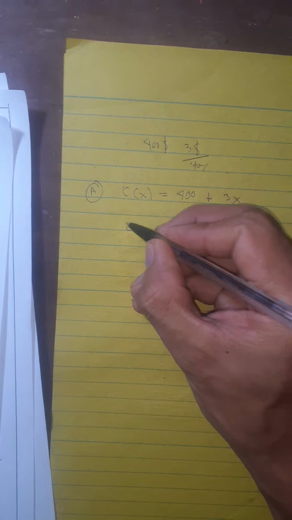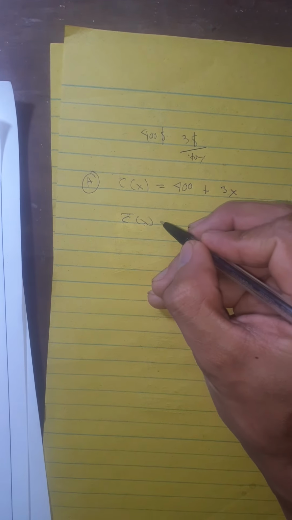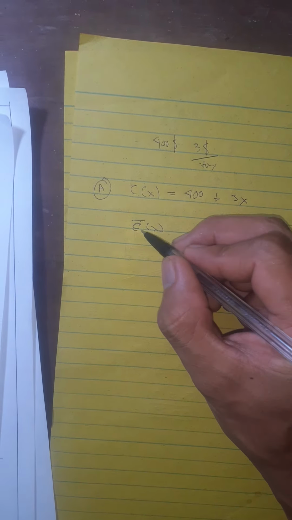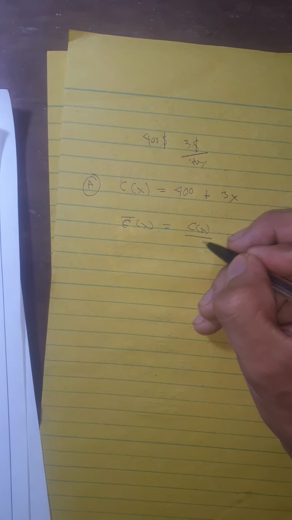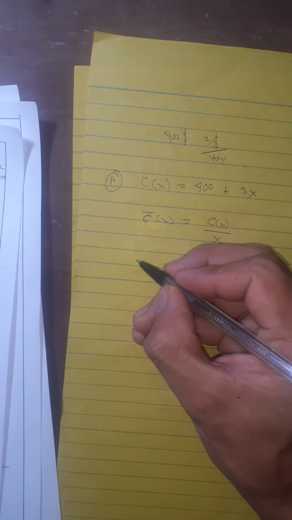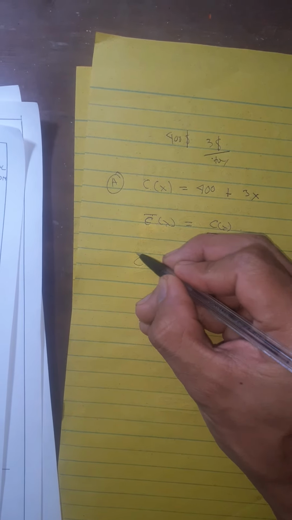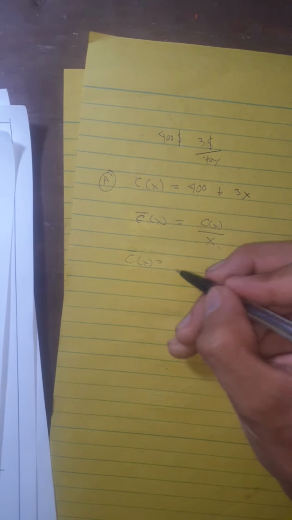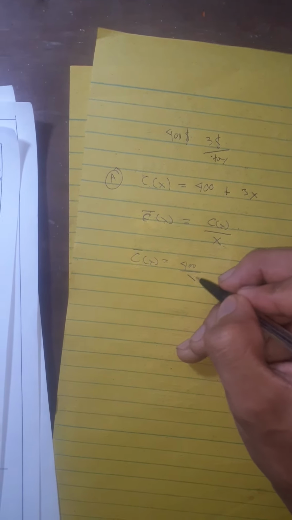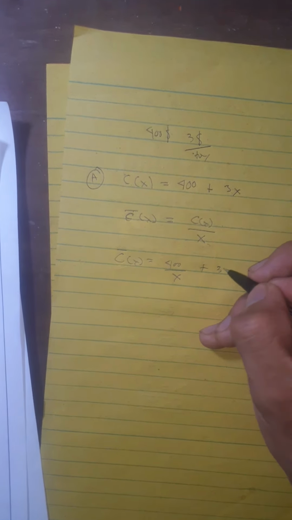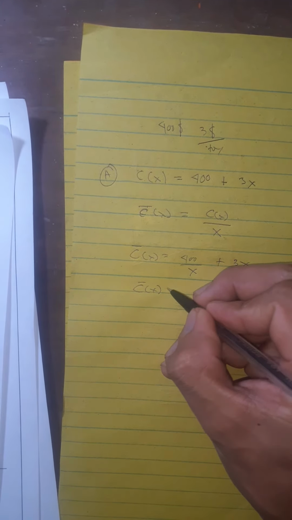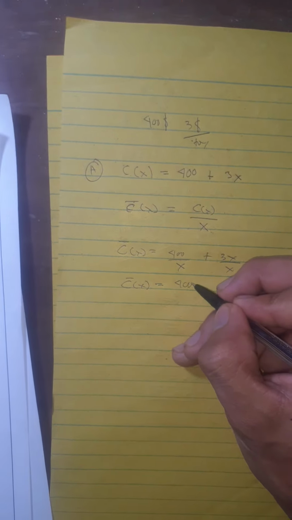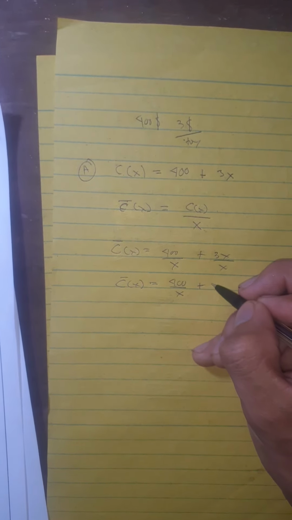Now we find the average cost function, C bar of x, which is equal to our cost function over x. So C bar of x is equal to 400 over x plus 3x over x. Our average cost function will be 400 over x plus 3.